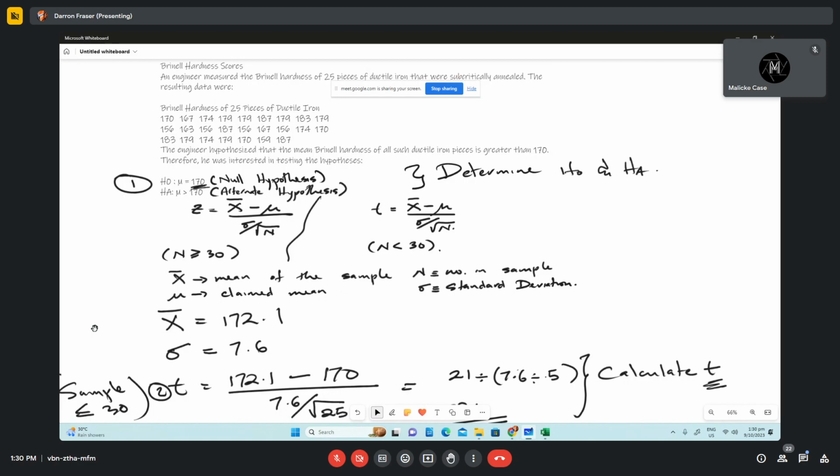the tabulated value. We're going to use 95%. This is the default value.